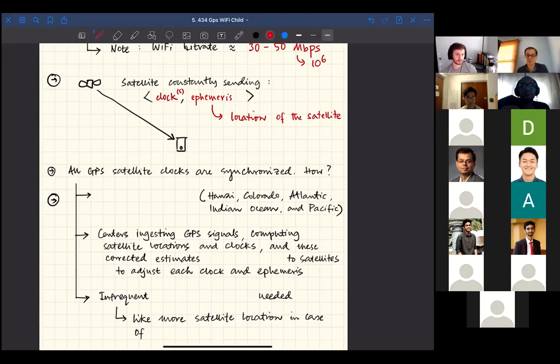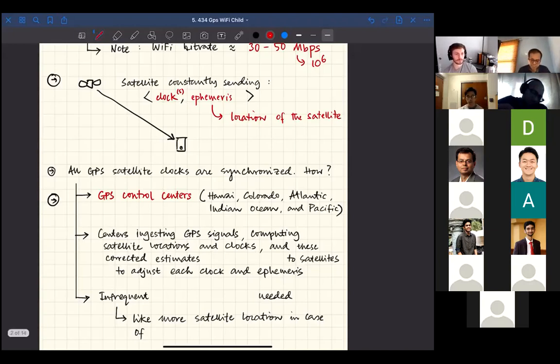For this, what we have set up is what are called GPS control centers. These GPS control centers are all across the world on the surface of the Earth. They're in Hawaii, Colorado, Atlantic Ocean, Indian Ocean, Pacific Ocean. They're all over the place.